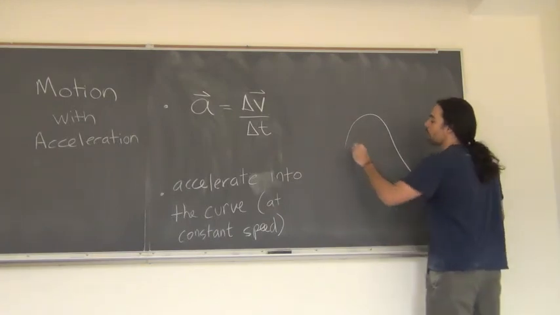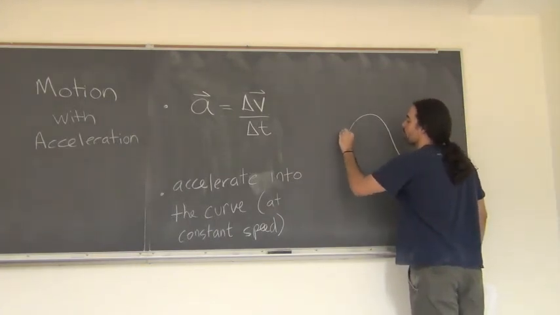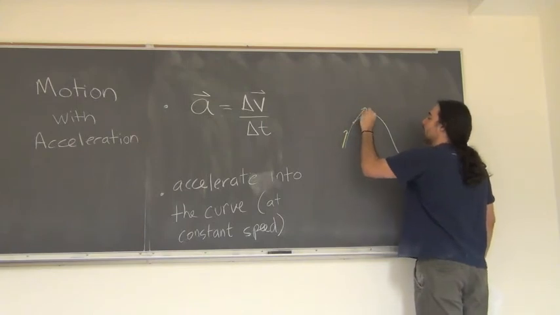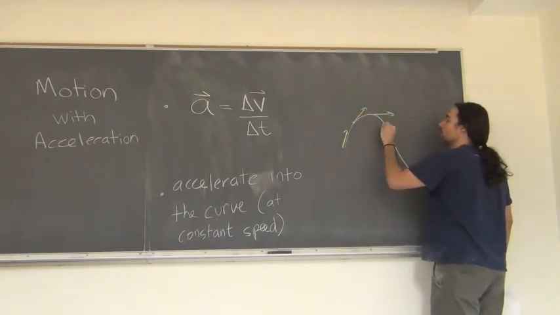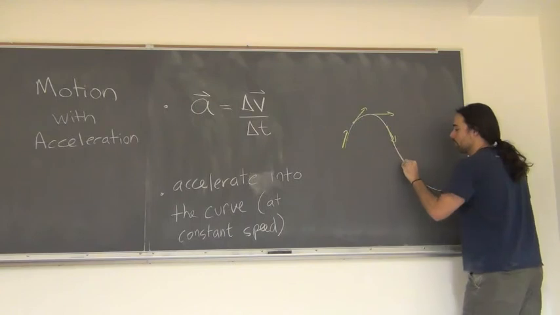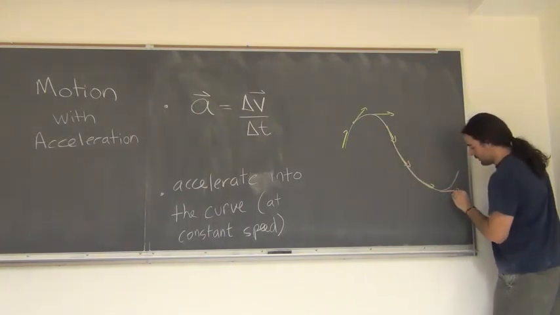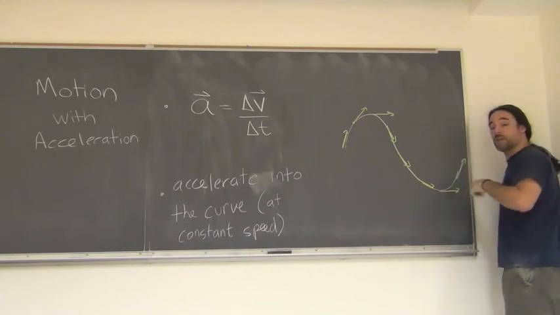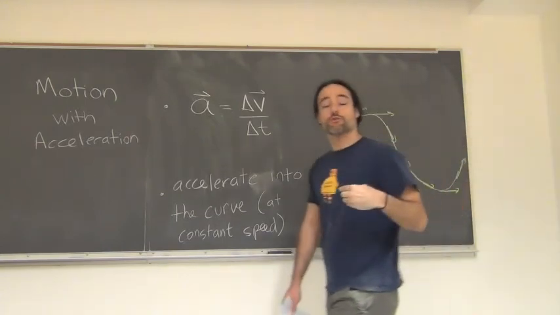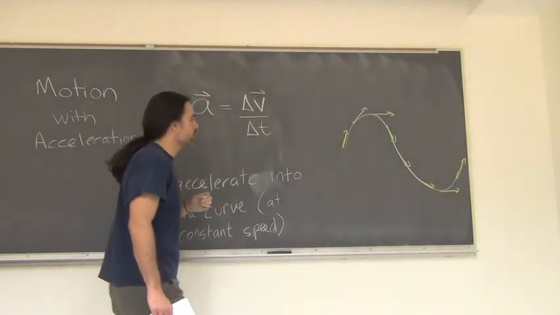Well, we can draw our velocity vectors as being tangent to the curve. Tangent just means the vectors run parallel to the curve at any point.